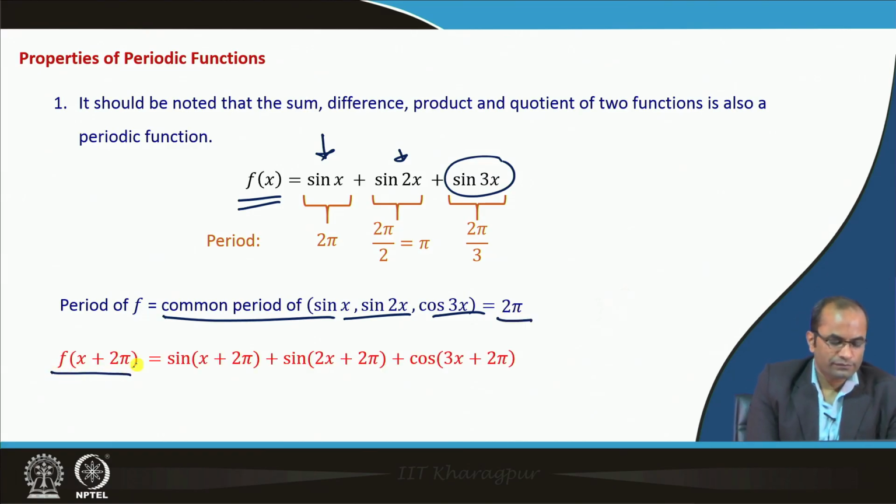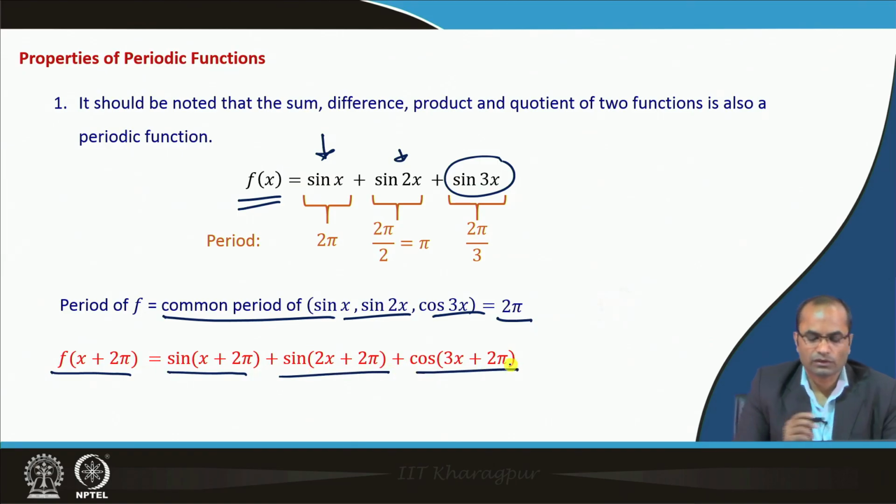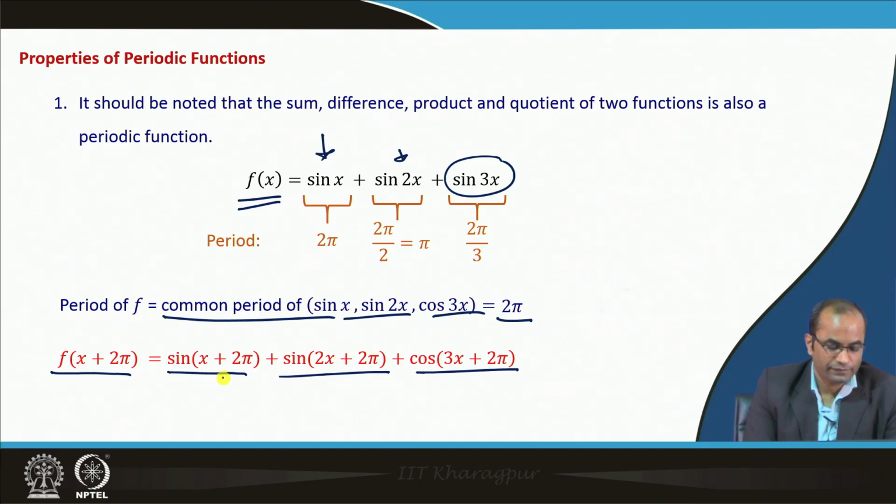We can clearly see that f x plus 2 pi is equal to sin of x plus 2 pi, plus sin of 2 x plus 2 pi, plus sin of 3 x plus 2 pi. Here x is replaced by x plus 2 pi, so this will become 4 pi, this will become 6 pi, whatever.